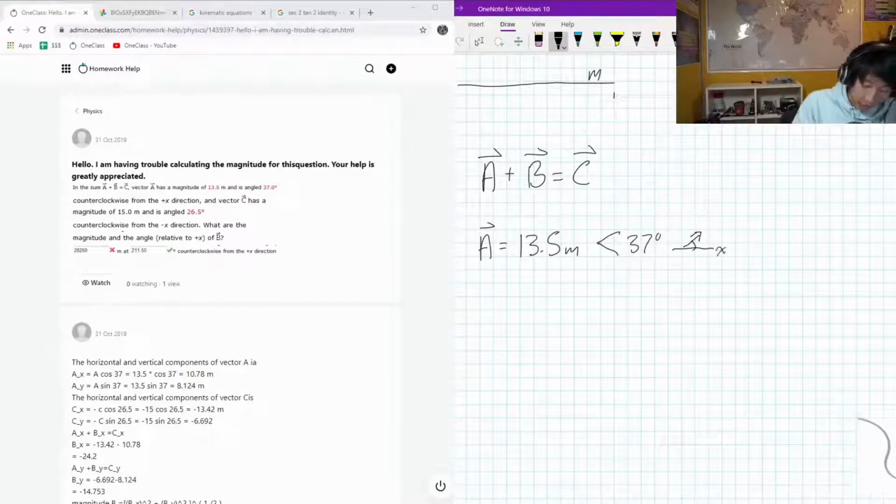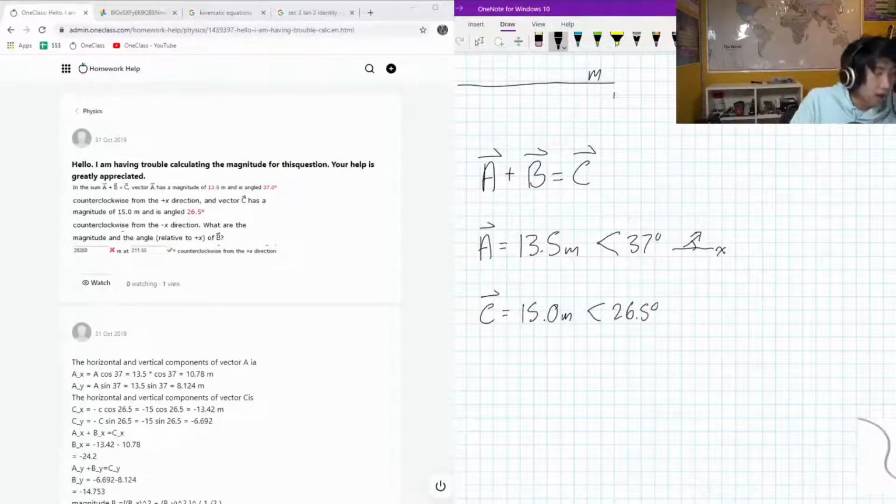From the x-axis, okay. And vector c is given as 15 meters, and it is angled 26.5 degrees counterclockwise from the negative x direction. That is critically important, negative x direction.